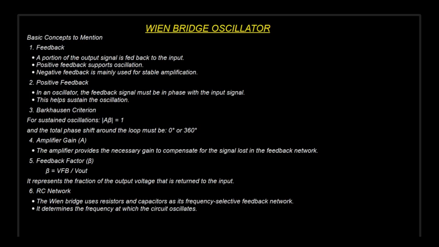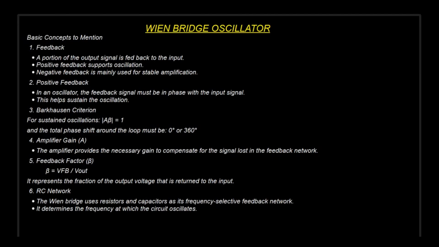In today's lecture, we are going to discuss the Wien Bridge Oscillator. Before going into the circuit and mathematical derivations, let us first understand what an oscillator is. An oscillator is an electronic circuit that generates a periodic signal such as a sine wave without requiring a continuous external input.